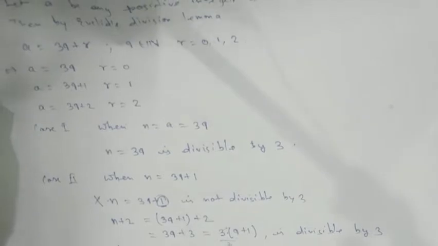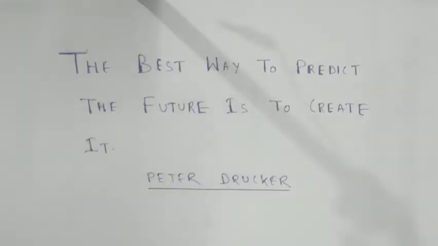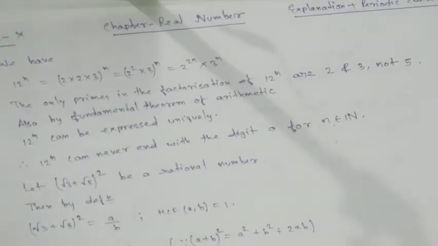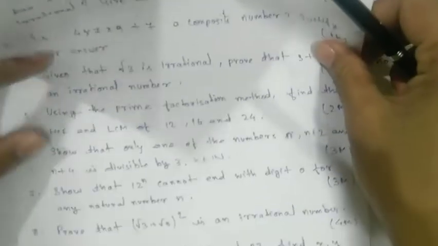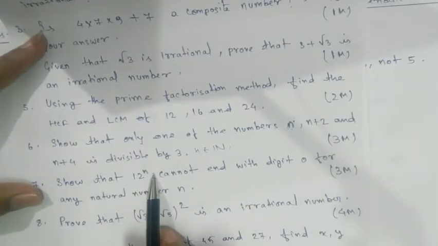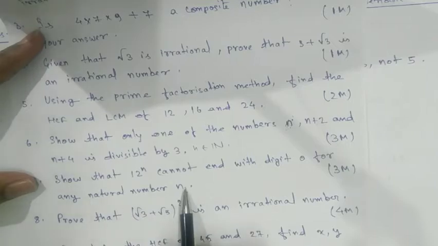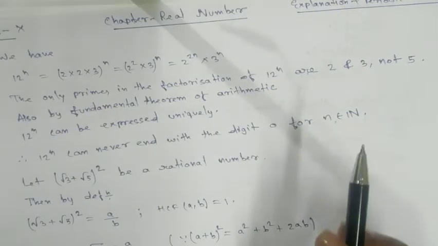So next problem we will proceed. Here we have the seventh one. Look at here, the seventh one, what they are saying: show that 12 to the power n cannot end with the digit 0 for any natural number n. So already we have done this type of problem.